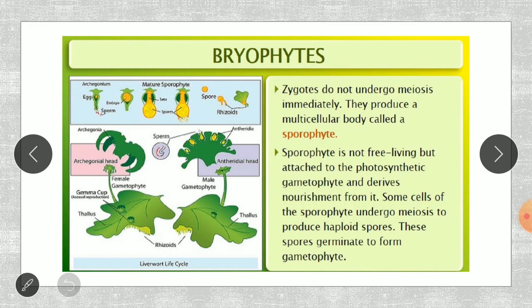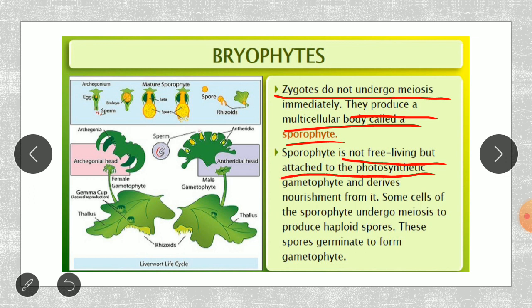Now these zygotes do not undergo meiosis immediately and they produce a multicellular body called the sporophyte. Sporophyte is not free living but attached to the photosynthetic gametophyte and derives nourishment from it.